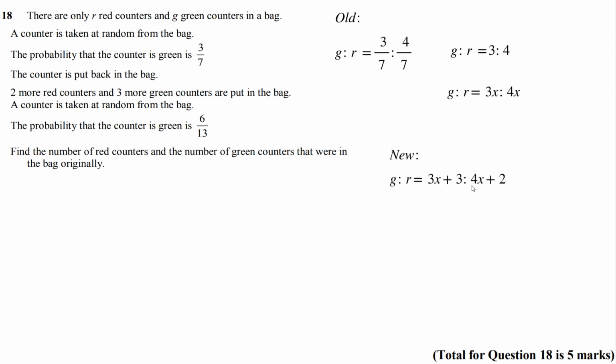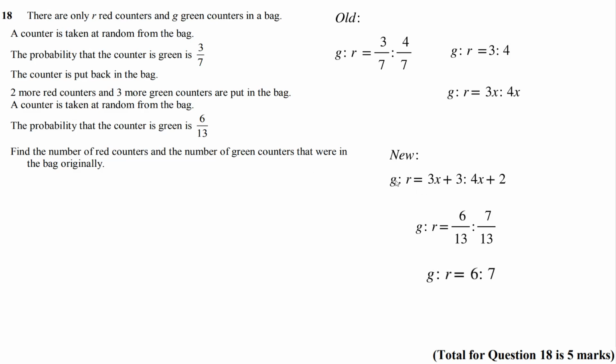The new is 3x plus 3 to 4x plus 2. Okay, and we're told that the probability of green from here is 6/13. So if the probability of green here is 6/13, the probability of red is going to be 7/13. So this ratio is going to be 6 to 7.